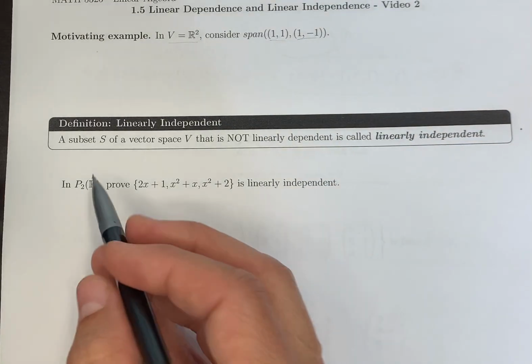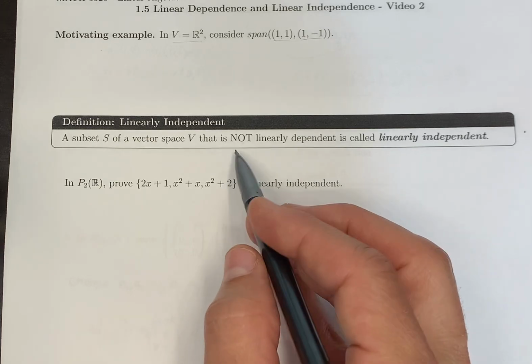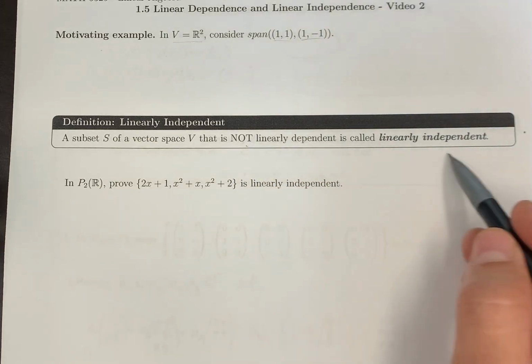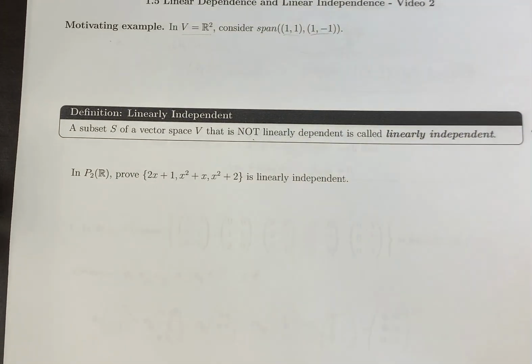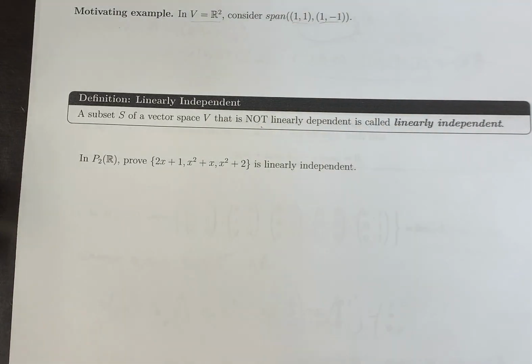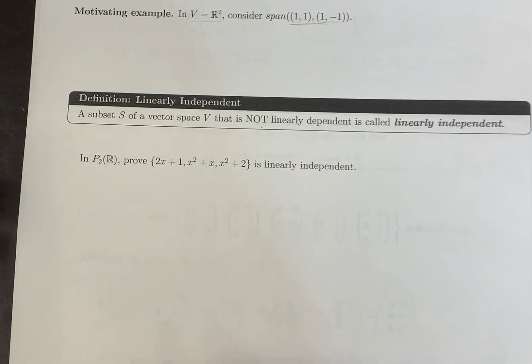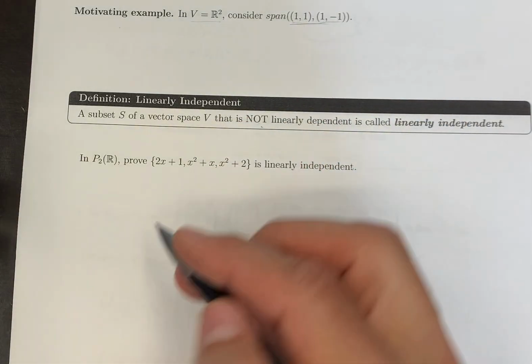And what if not? Well, a subset S of a vector space V that is not linearly dependent is called linearly independent. That might seem obvious, but that's what we're working with. So how could you say that this subset was linearly independent?